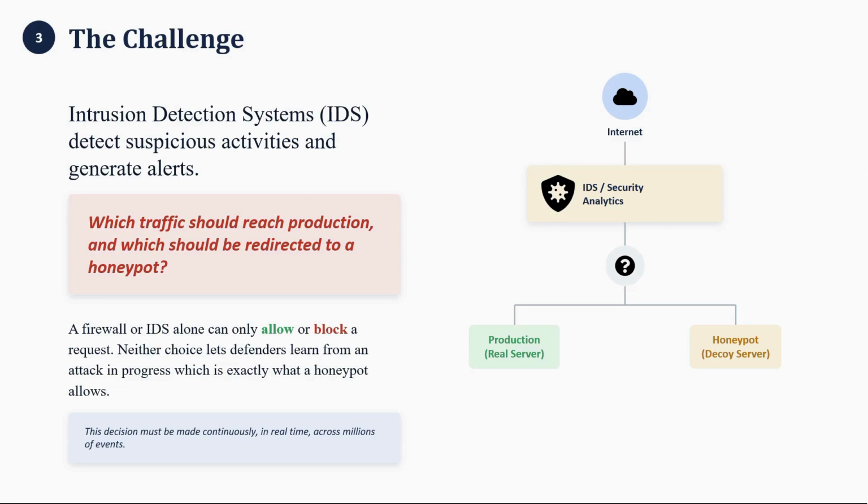Should the suspicious traffic be allowed to continue to the production service, or should it be redirected to a honeypot? Unlike traditional security systems, which simply allow or block the traffic, this approach gives defenders an opportunity to observe the attackers while protecting their own production server, which has some critical infrastructure.